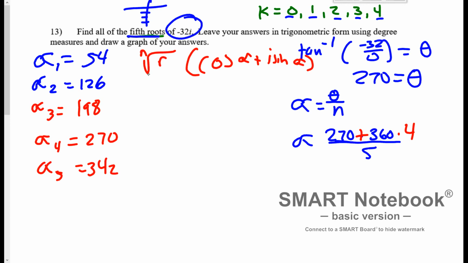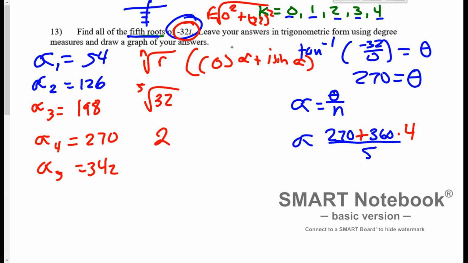I can do that on the side, because I know my r is the distance from 0, or I can use the Pythagorean theorem. My a is 0, so 0 squared plus negative 32 squared, square rooted, that's my r, so r equals 32. And then the fifth root of that, because I'm going to do all fifth roots, is 2.